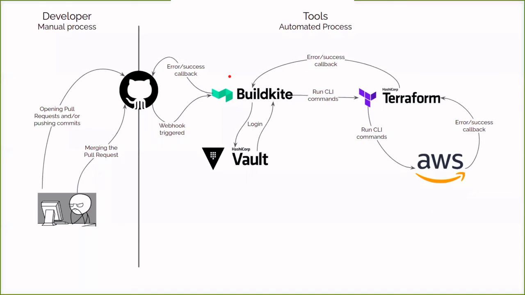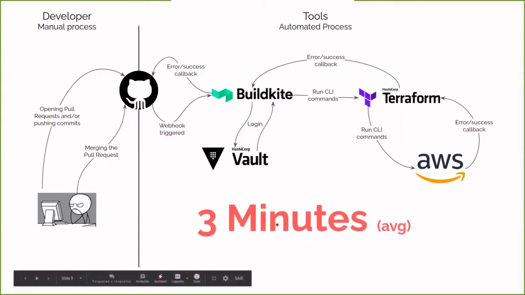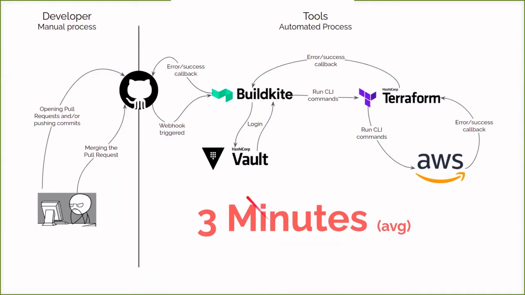And Terraform will also call back to Buildkite and Buildkite to GitHub. So this entire process here that I described takes an average of 3 minutes. This entire process took almost 3 days before because everything was manually run.